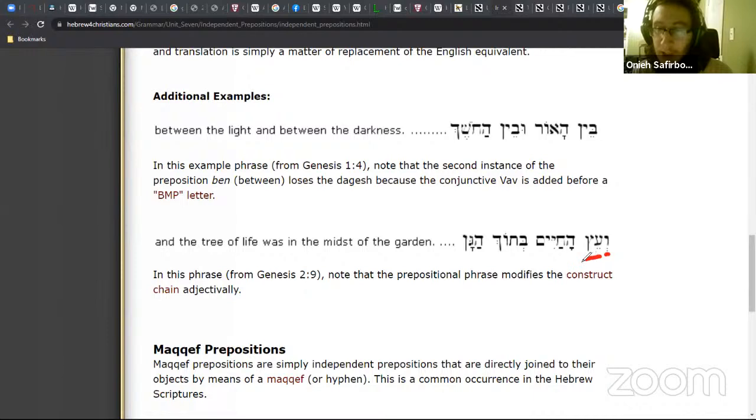And tree of the life was in the midst of the garden.